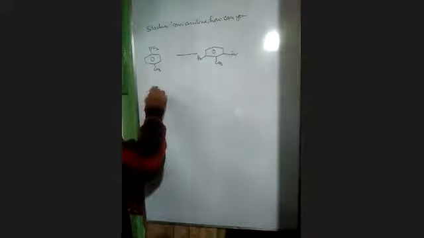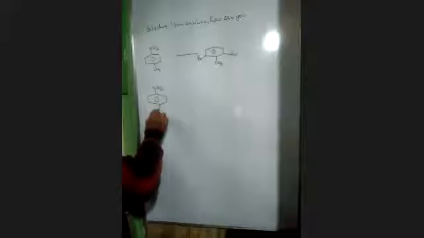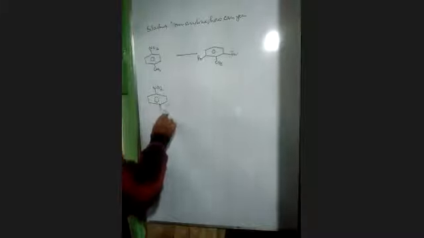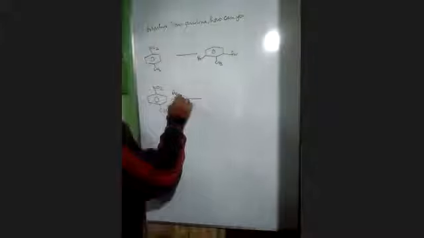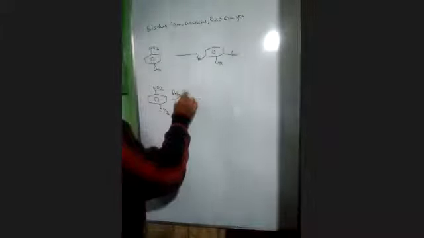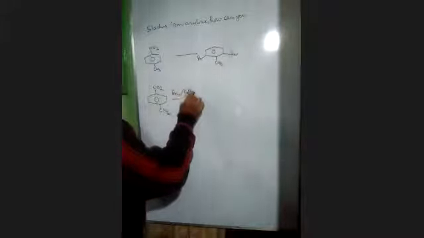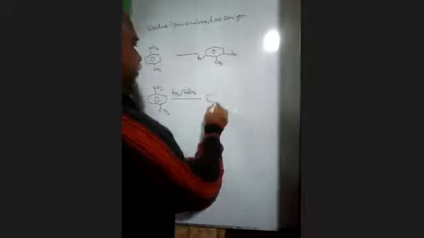See, this is nitro and this is CH3. See here. In this case, I'll do bromination in presence of FeBr3. Nitro group is meta-directing. Amino group is ortho-para-directing. So what will happen now?